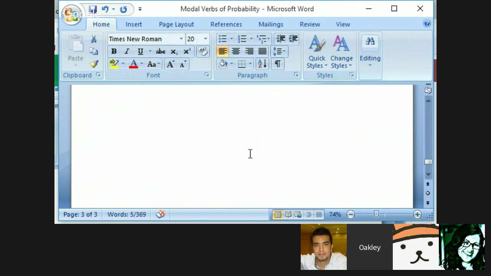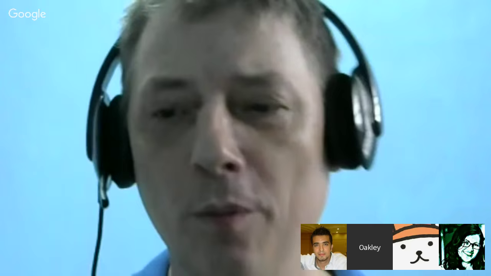Again, tomorrow we're going to be looking more closely at using the modal perfects. That is the past: must have, might have, could have, and some other functionality of them. But it is time for me to have lunch, and I am starving.